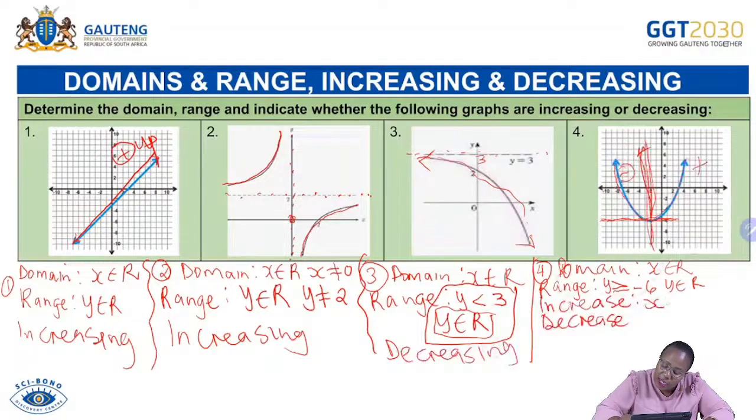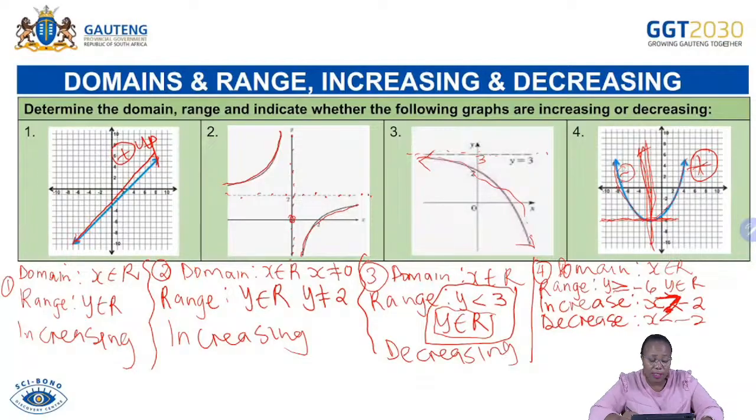For x less than the turning point, x equal to -2, sorry, for x less than -2, it is decreasing, and for x greater than -2, it is increasing. For greater than, this side, it is increasing. For less than, it is decreasing.